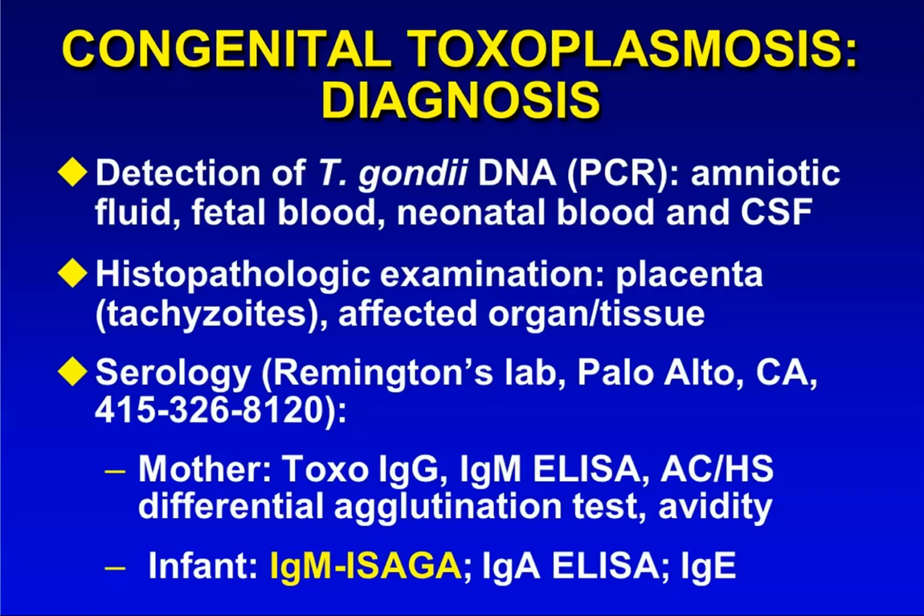And in the baby, they do the IgM ISAGA, which is a type of ELISA, and they also do IgA ELISA and IgE ELISA as well. So those are helpful in trying to determine whether this baby could be infected or not.